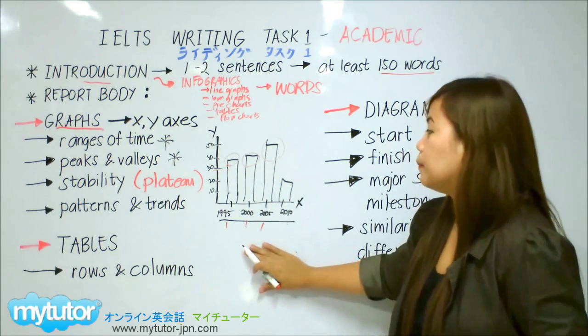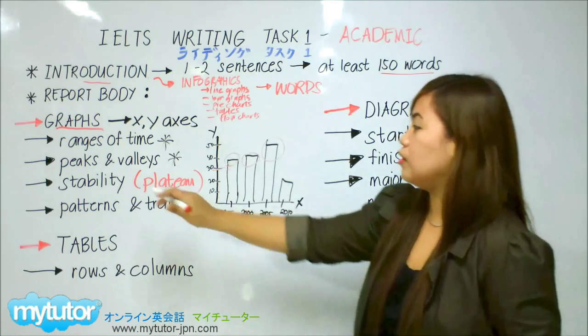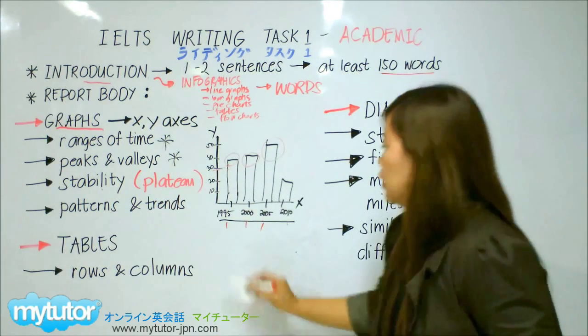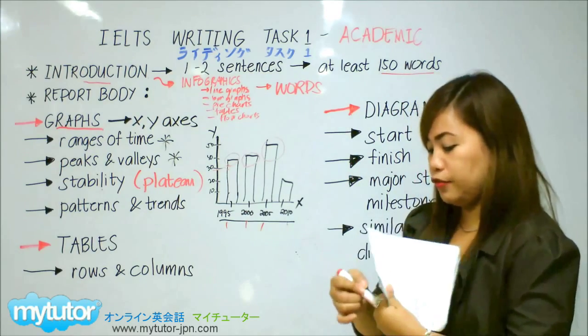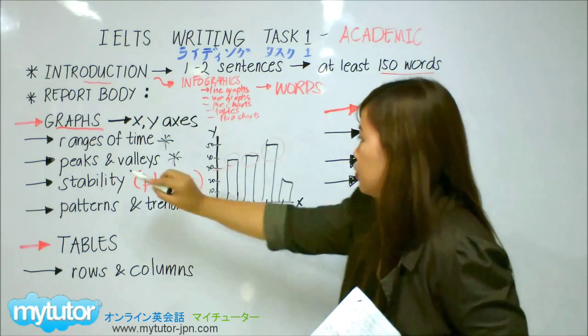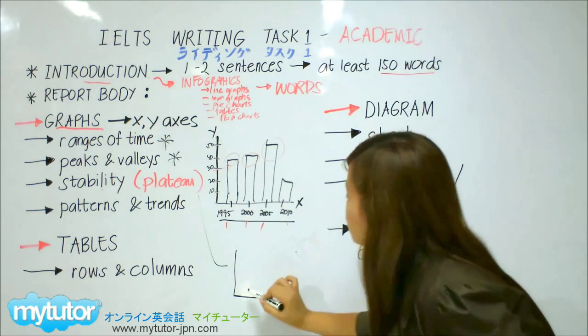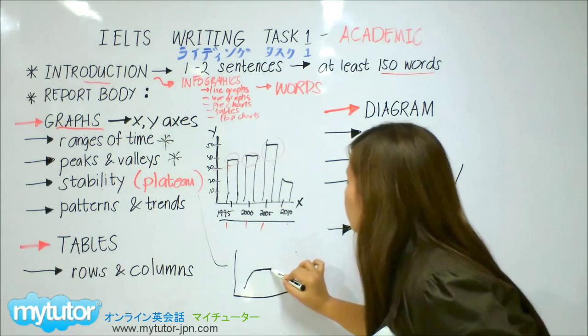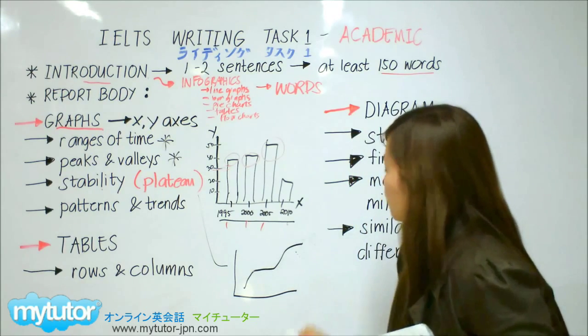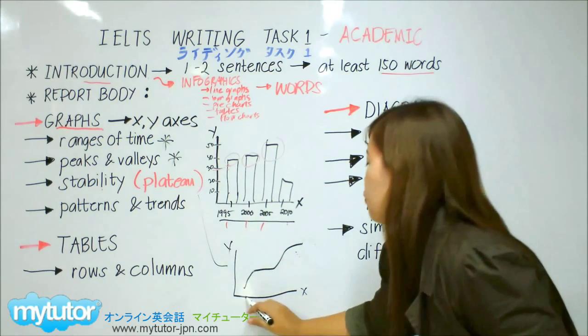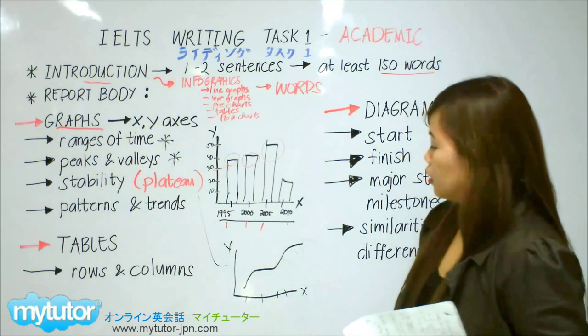This is really important. Okay, aside from that, we have to check on the stability. Okay? So here, let's try to make a line graph as well for this. Just very simple. Okay. So same, like we have the x and y-axis, and we go with the same information above.